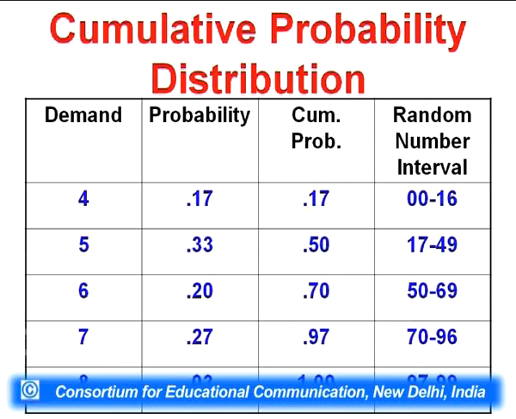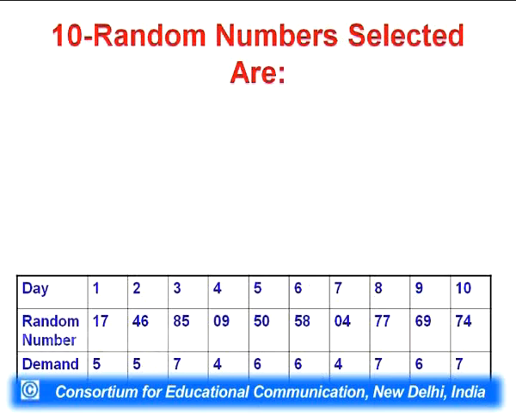So the second step is also now over. First was the probability in the given data. Now the cumulative probability and the random number interval are calculated and written in the columns. The next step: 10 random numbers are selected.